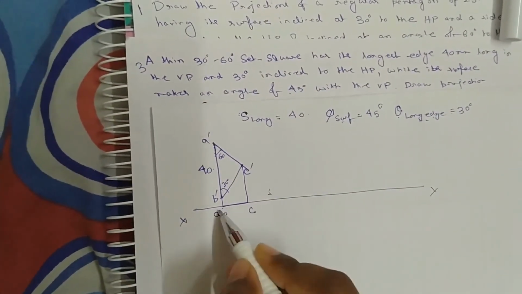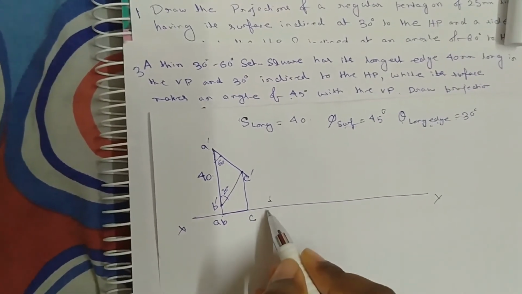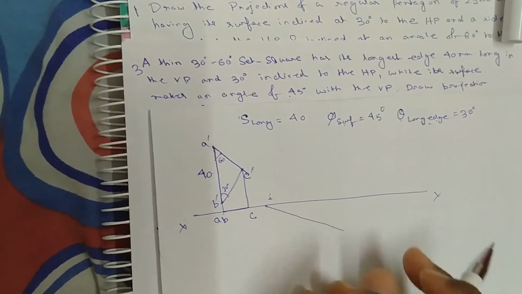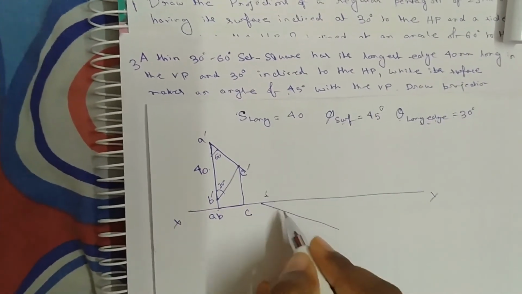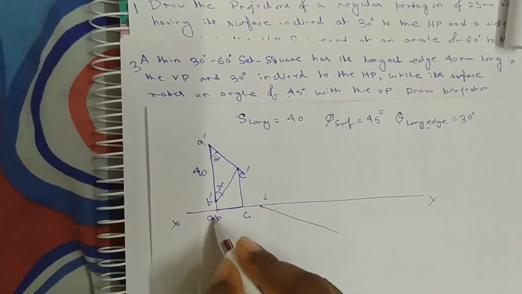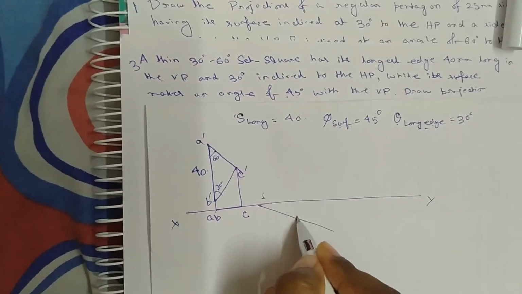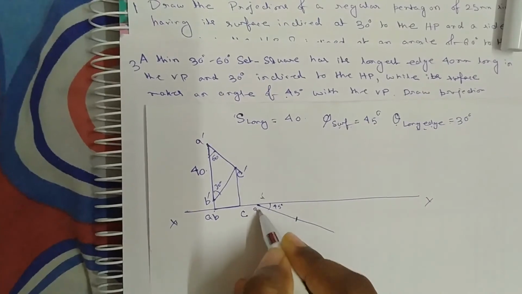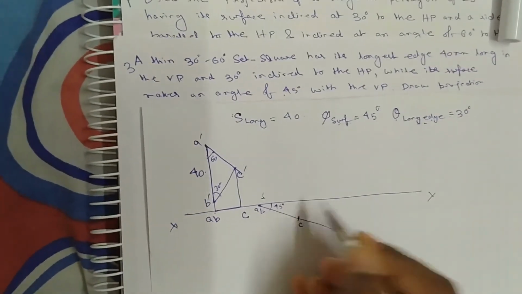So we are going to recreate this ABC line on our HP plane. If we cut AC at an angle of 45°, you get ABC.